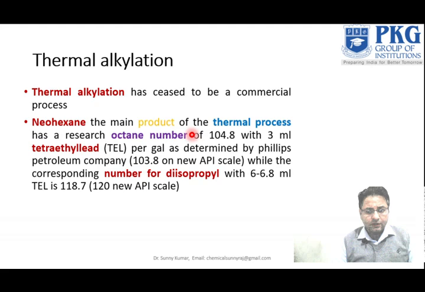Neohexane, the main product of the thermal process, has a research octane number of 104.8 with 3 ml tetraethyl lead per gallon as determined by Phillips Petroleum Company, and 103.8 on the new API scale, while the corresponding number for diisopropyl with 6 to 6.8 ml TEL, which is tetraethyl lead, is 118.7 and 120 on the new API scale.